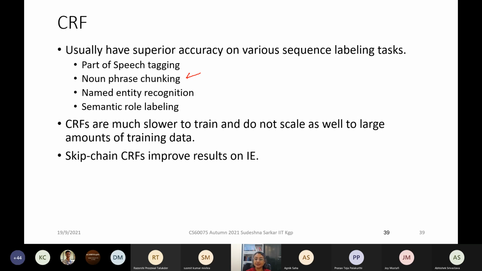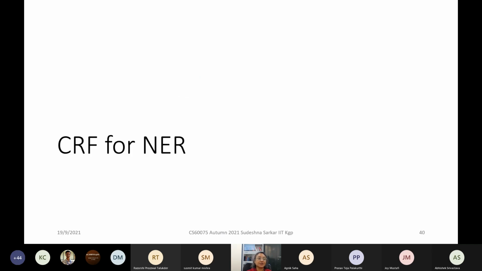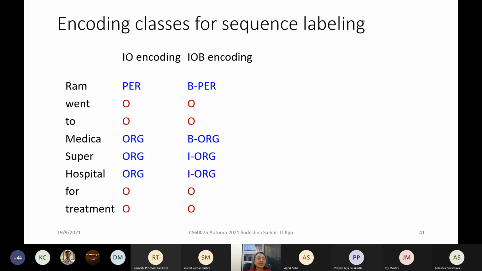HMM is very efficient because of the dynamic programming algorithm that we get. CRFs with some structured properties can also be very efficient. And compared to HMM, they are the method of choice for named entity labeling. In fact, CRFs are very effective for named entity recognition and these tasks. And they are also the preferred choice in most cases.